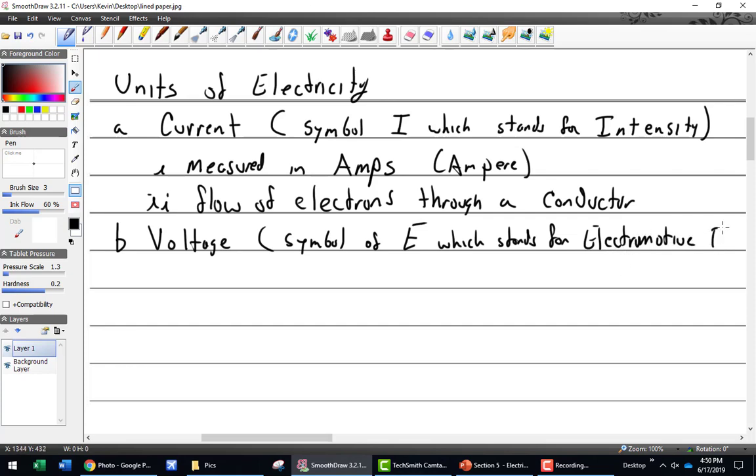E-L-E-C-T-R-O-M-O-T-I-V-E, Electromotive Force. There we go. We could also think electron moving force, if you wanted. That's not quite right.